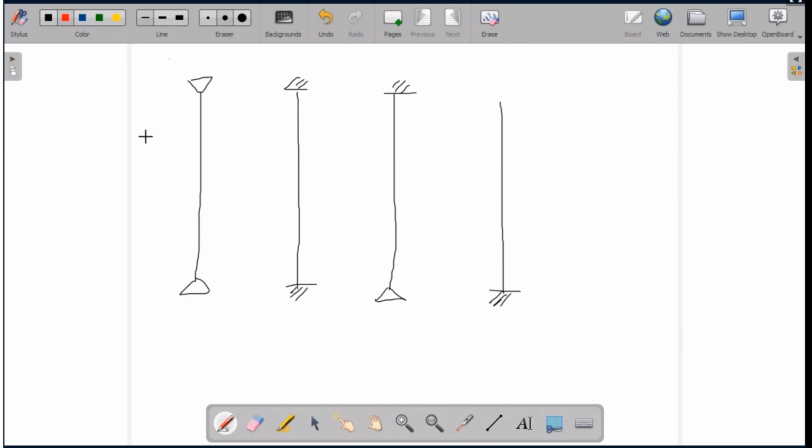For pin-pin connection, for simply supported connections, the expected buckling shape would be like this one. For fixed ends, we know that both the slope and the deflection at the ends are zero. So we cannot expect that there will be some slope here.